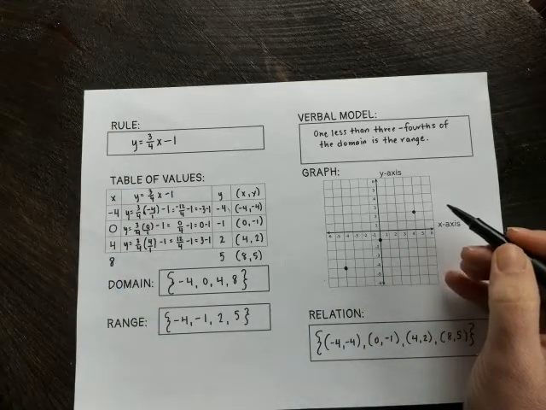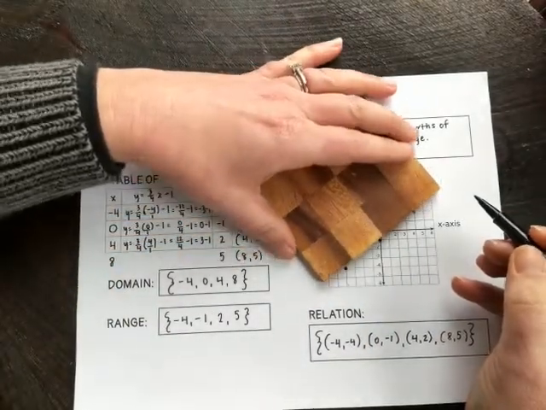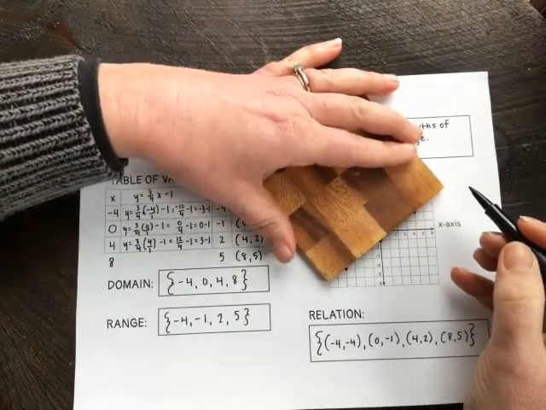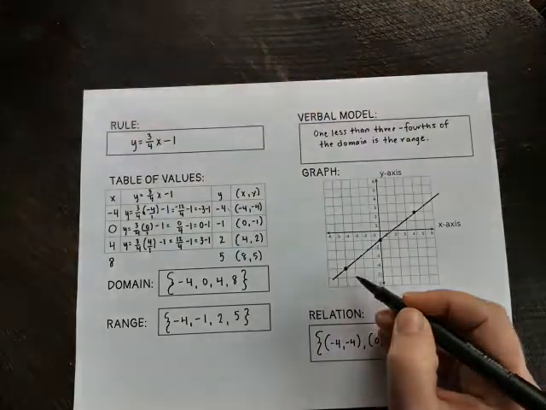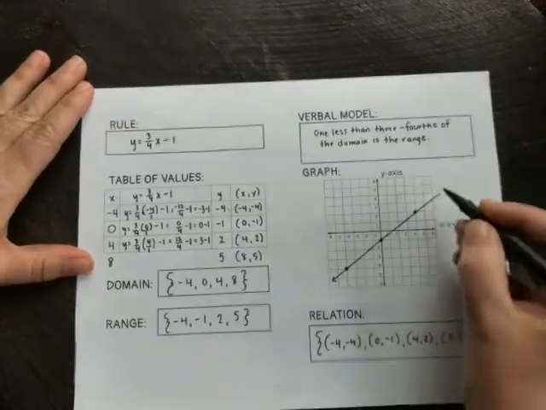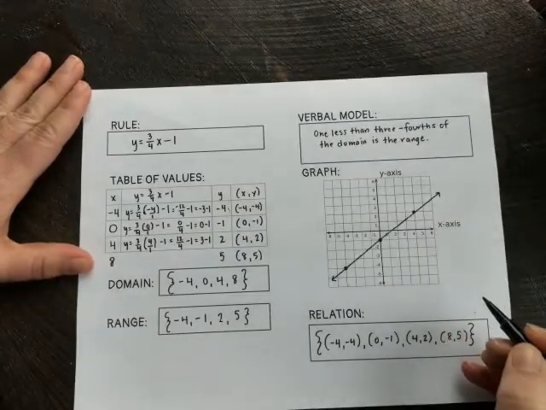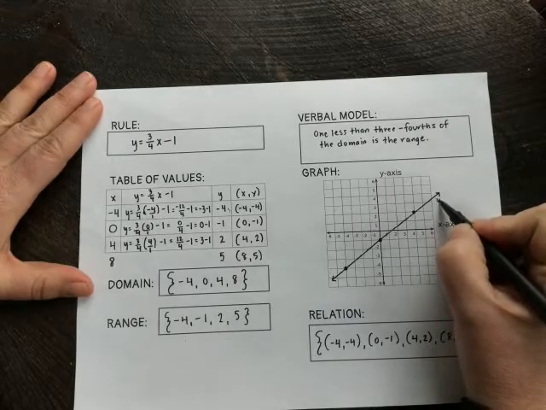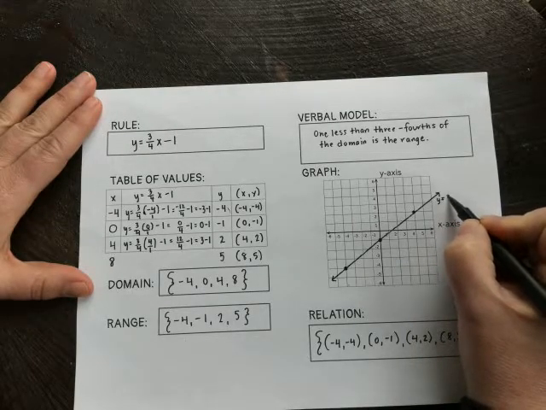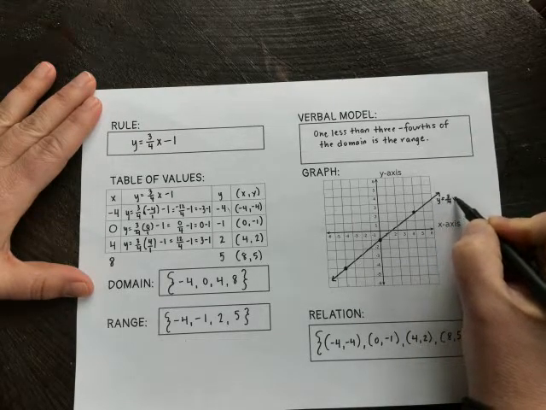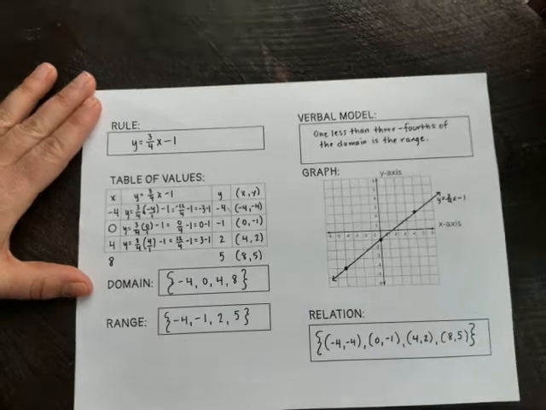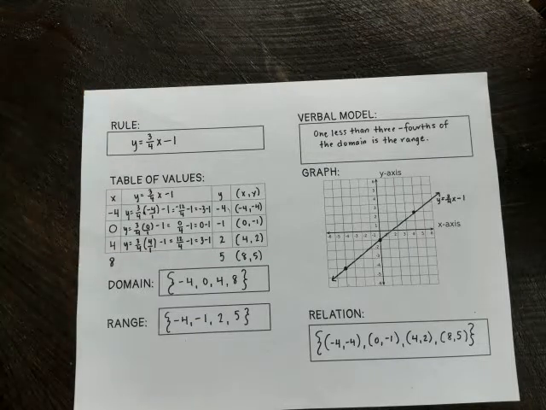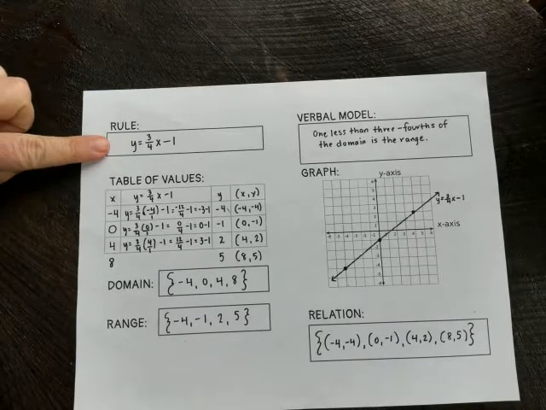I'm going to take a straight edge and connect those 3 points. I'm going to make sure that I have my arrows at the end, and I could even label this on my coordinate plane with the rule y equals 3/4 x minus 1. Now I've fully completed the 6 views of a function given my rule.